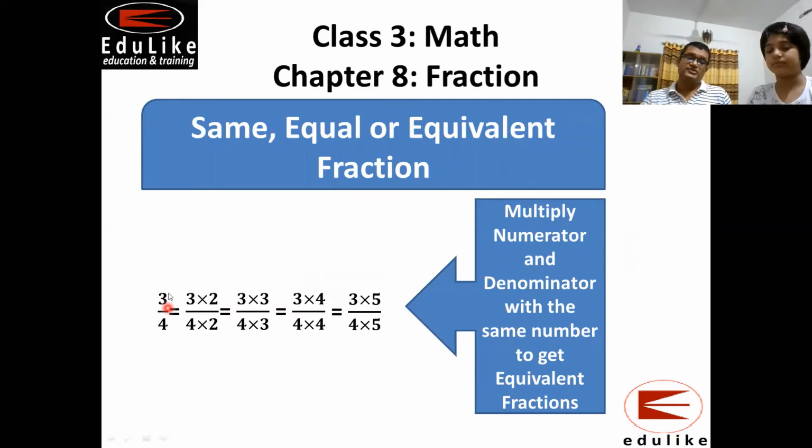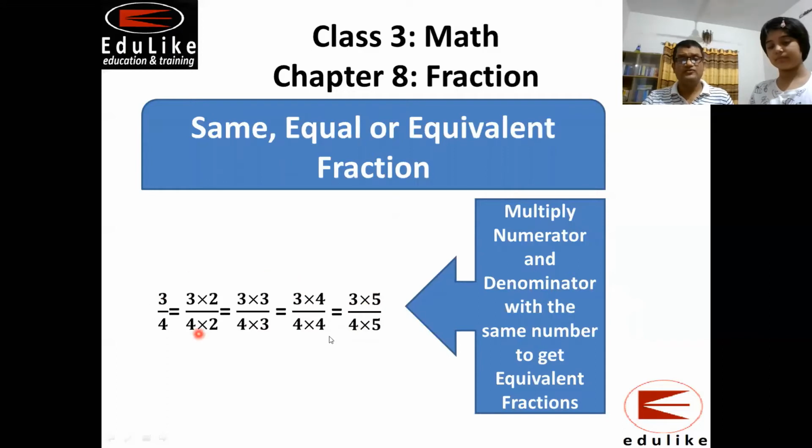In the fraction 3 by 4, 3 is numerator and 4 is denominator. If 3 is multiplied by 2 and 4 is also multiplied by 2, and again 3 is multiplied by 3 and 4 is by 3, again 3 is multiplied by 4 and 4 is by 4, and finally 3 is multiplied by 5 and 4 is also by 5, we get 5 fractions here.